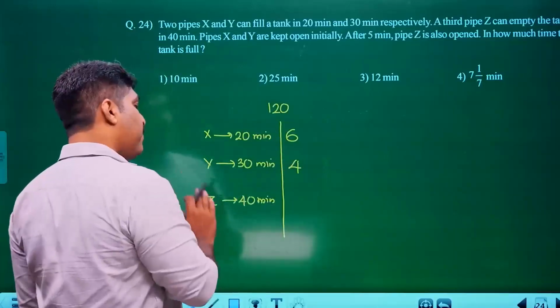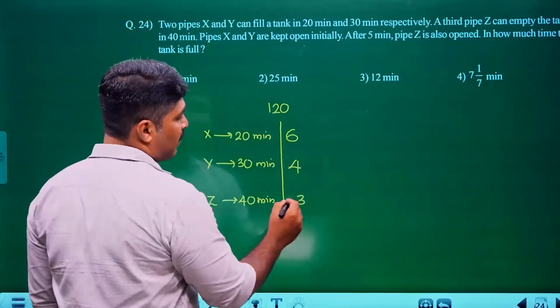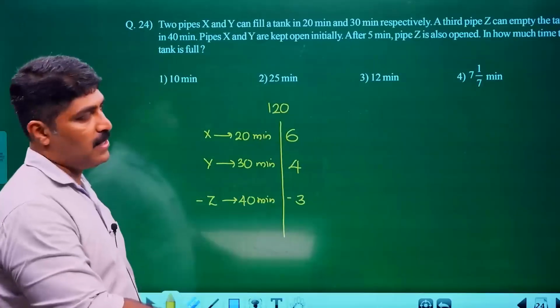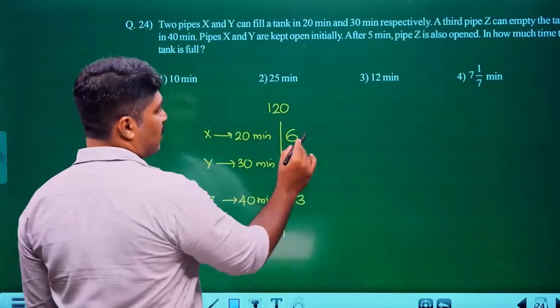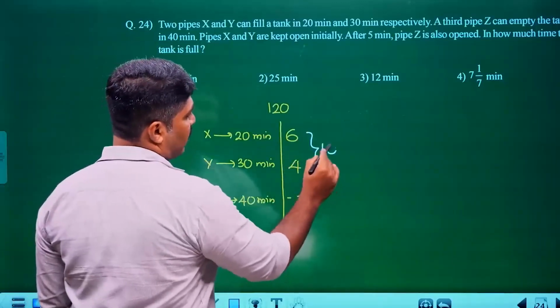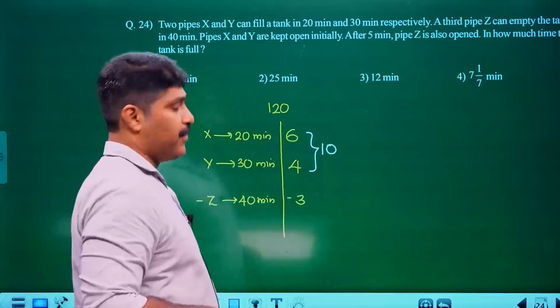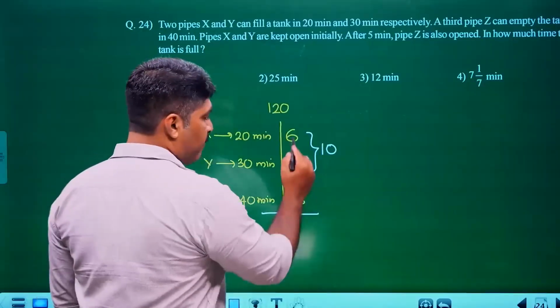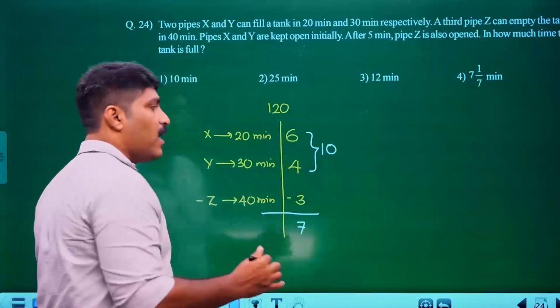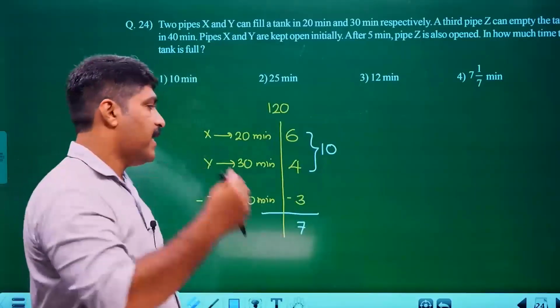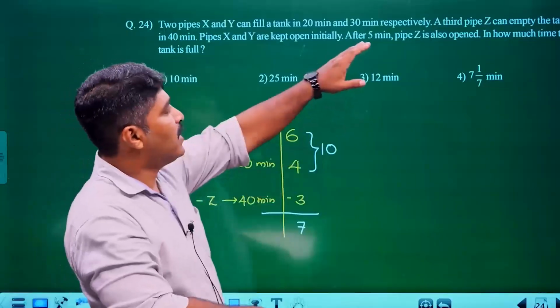And the third pipe can empty 3 liters per minute. Got it? So that's the logic. Whenever the first two inlet pipes are working together, they can fill 10 liters per minute. But if all the three pipes are working together, that is 10 minus 3, 7 liters per minute filling the tank.